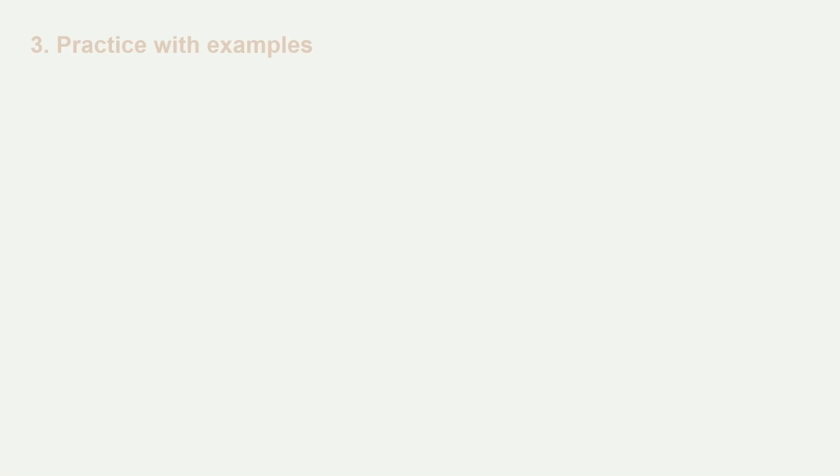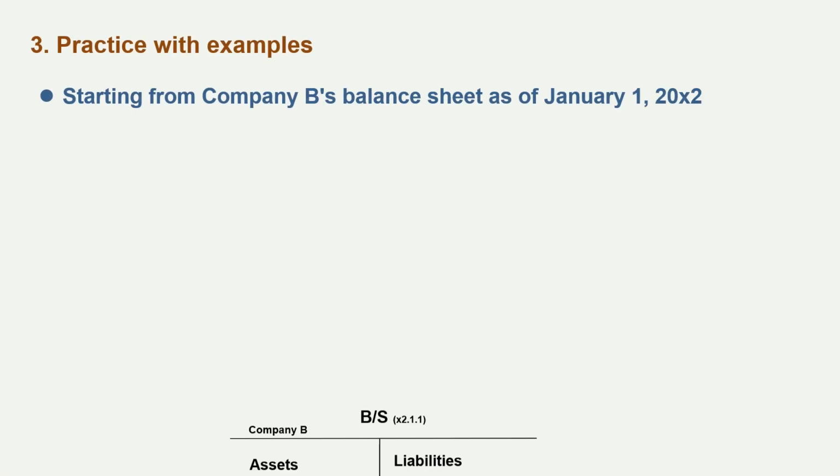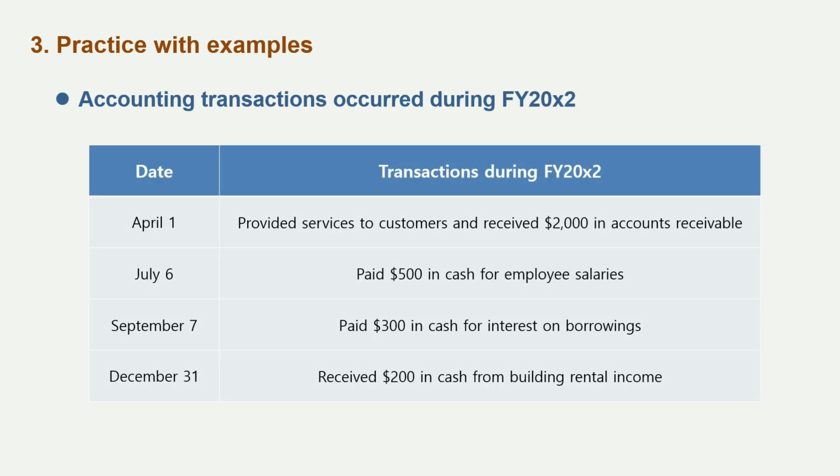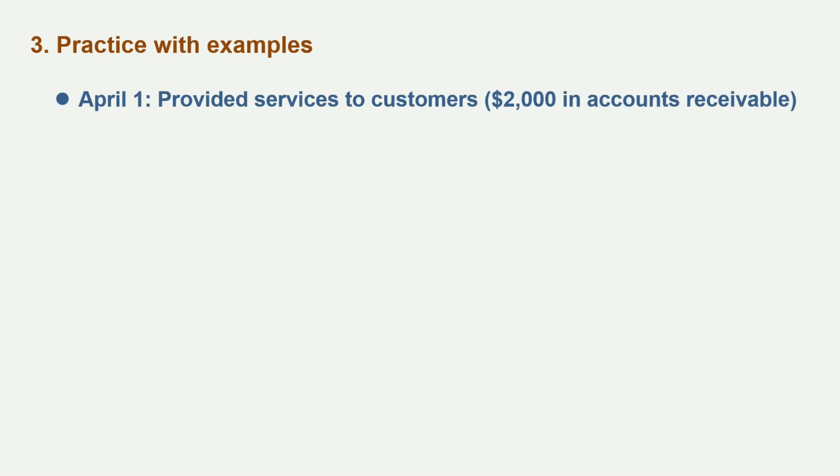Now let's practice with a simple example for journalizing income and expenses. Let's assume that Company B's balance sheet at the beginning of 20X2 looks like this. And here are the company's accounting transactions during 20X2. It's pretty clear that the transaction on April 1st is related to income, which means we need to increase net assets.